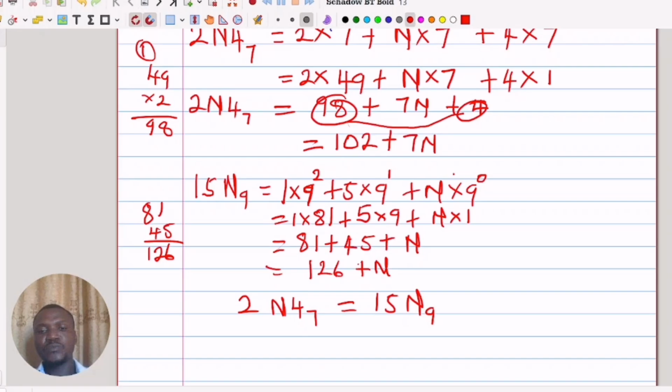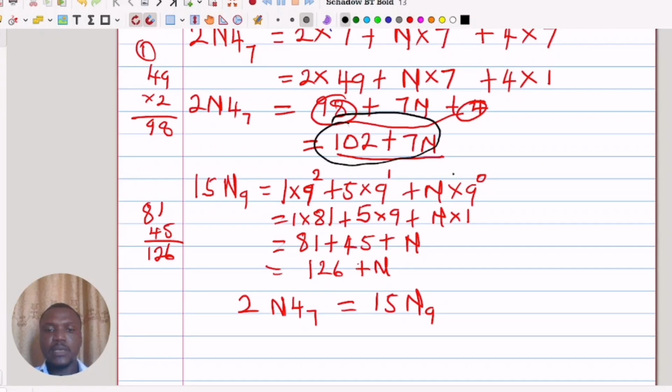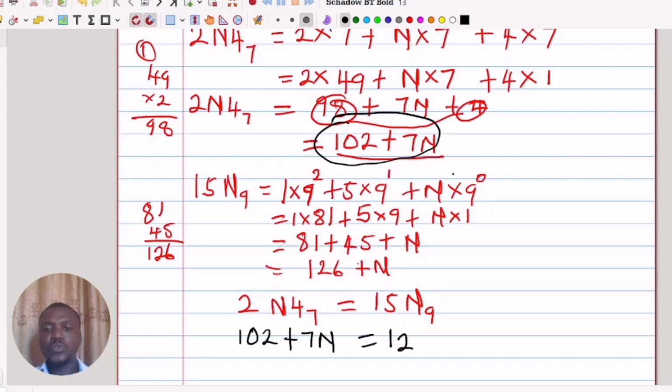Since we have converted 2n4 base 7 and 15n base 9 into base 10, we can equate them. So instead of writing 2n4 base 7, I'm going to write 102 plus 7n equals, and instead of writing 15n base 9, I'm going to write 126 plus n.